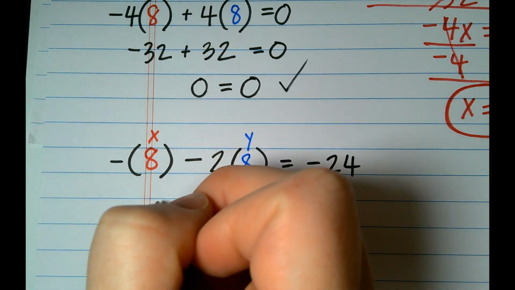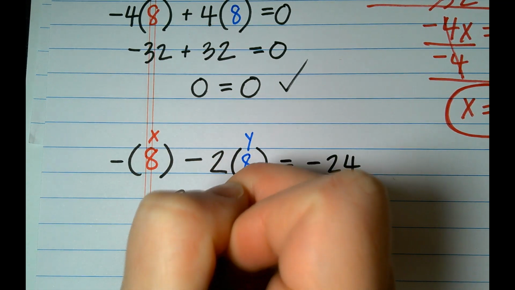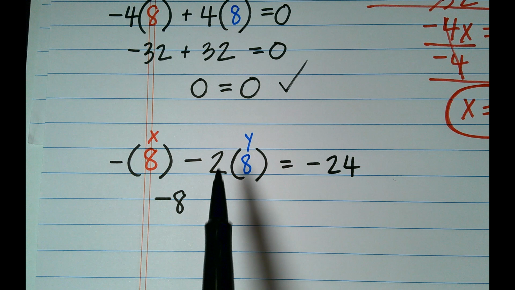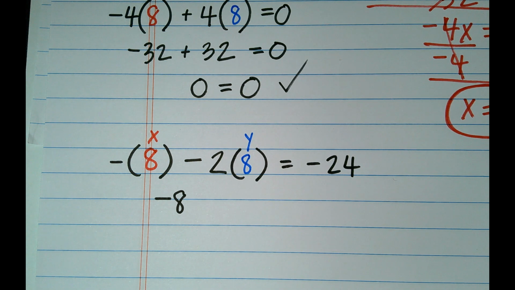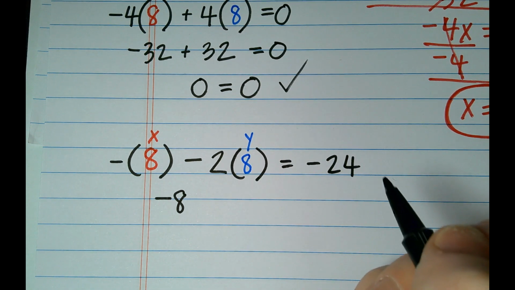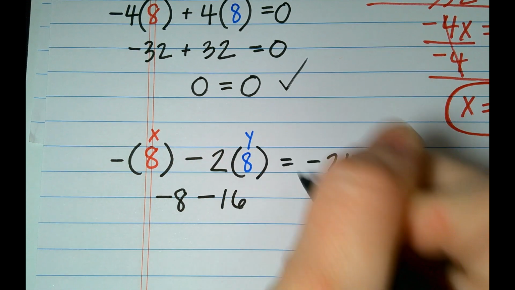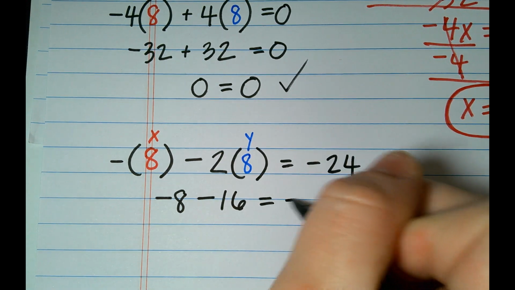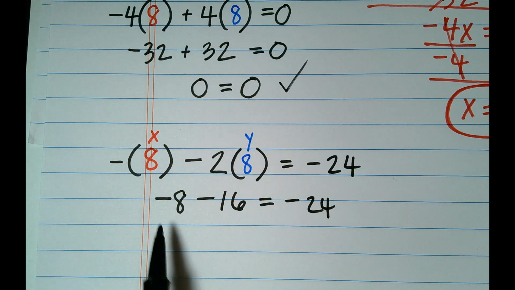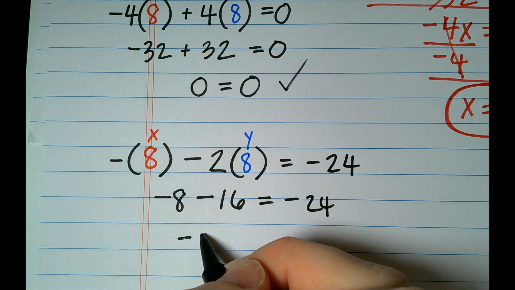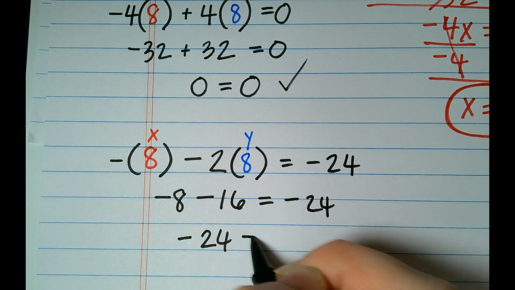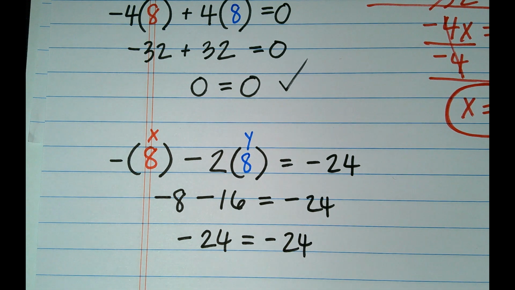I'm just going to bring down my negative 8 because that's what that is. Minus 2 times 8. What is that? Negative 16. Bring down my equal to negative 24. Now what's negative 8 minus 16? Negative 24. Is negative 24 equal to negative 24? Yes. So our answer is correct.